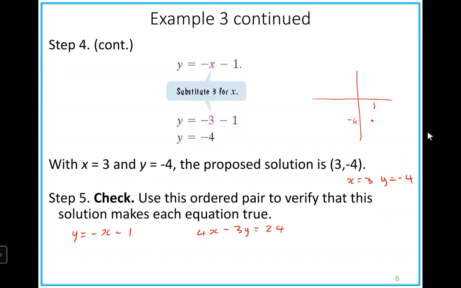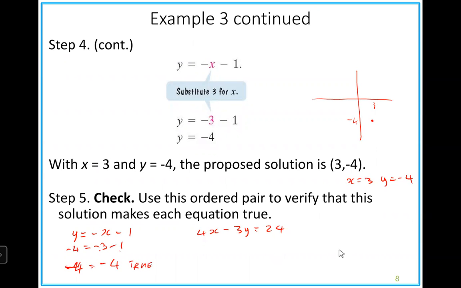For the first one, y is -4, so you put -4 equals, x is 3, so that's -3 minus 1. Okay, -3 minus 1 is -4, so -4 equals -4, so that's true.